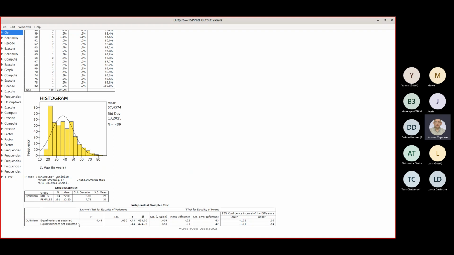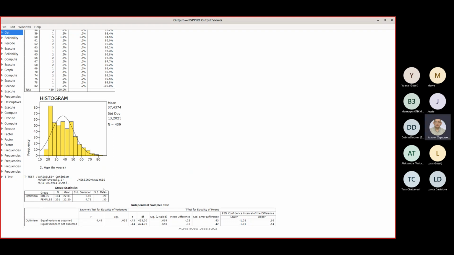To check this, we have to test another hypothesis about variances. Our main hypothesis is the hypothesis about means. We compare means, but we have to choose the first row or the second row, and for this we need the additional hypothesis about variances.